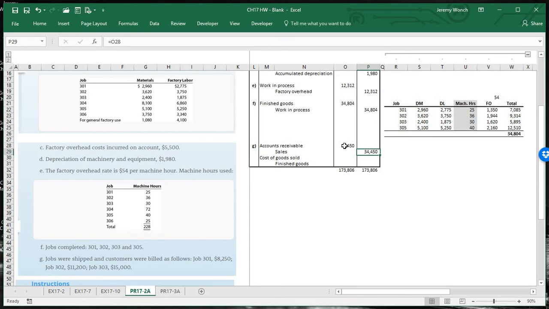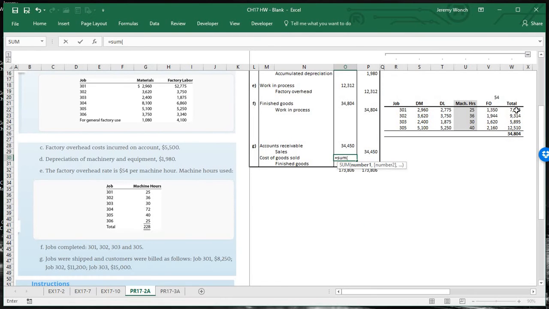Now that these have been sold, we have to apply the cost of each one of those goods. Thankfully we already used this little schedule over here to calculate the cost for each one of these jobs. But this is doing jobs 1, 2, 3, and 5. What we sold was just 1, 2, and 3.